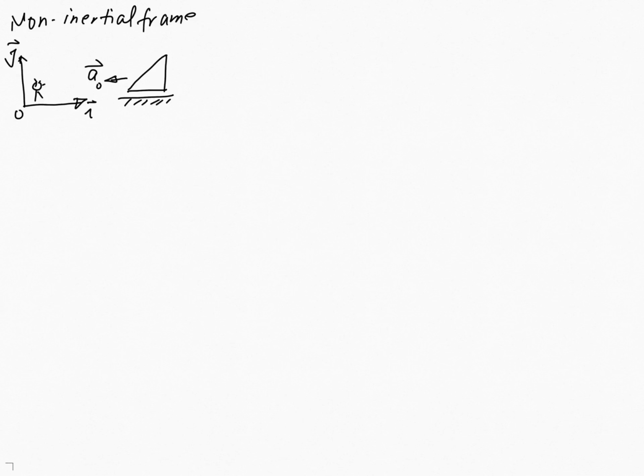Now, we assume there's a cylinder of radius r and mass m. This cylinder is put on top of that triangle box and also moving along with the non-inertial frame at acceleration a0.